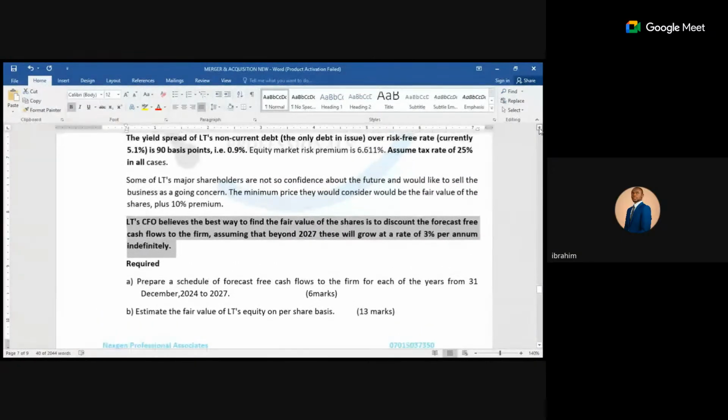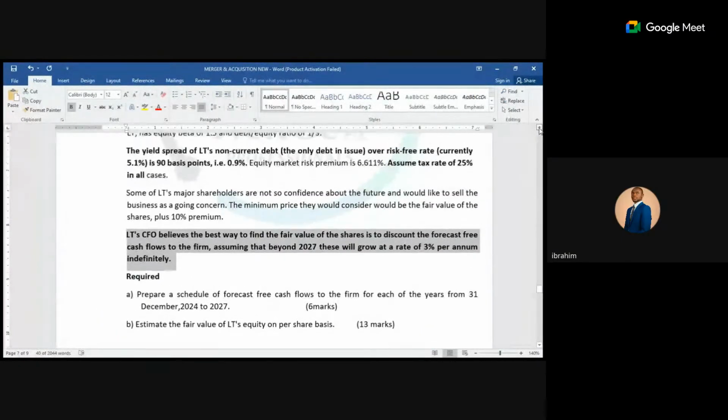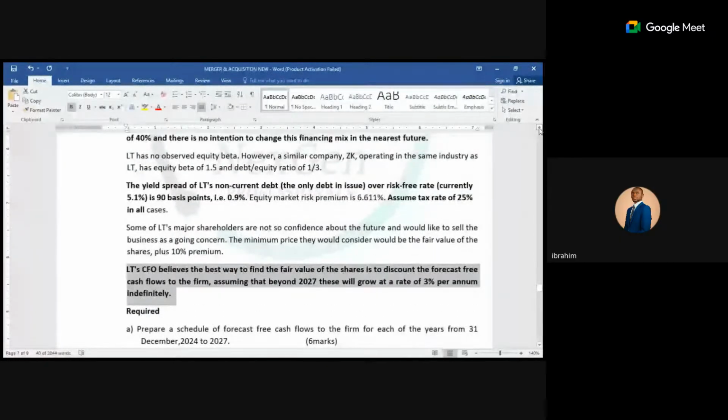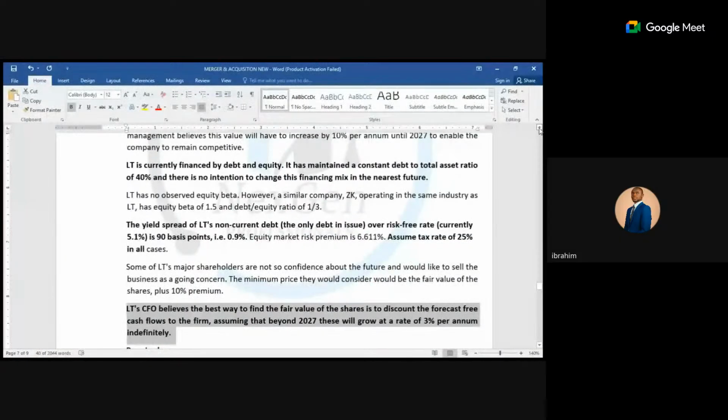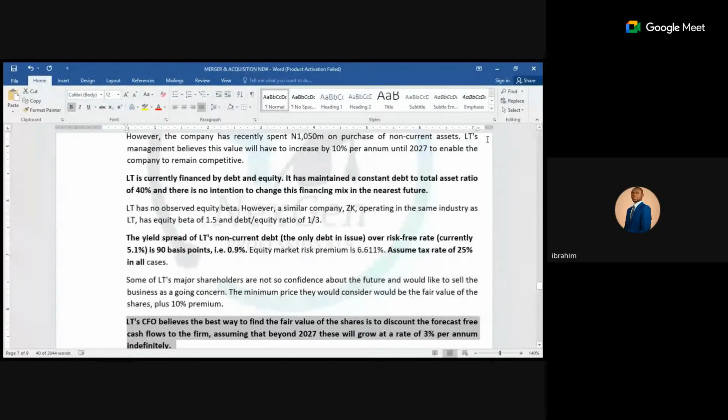But the question now is, how do we determine the WACC? Ideally we were supposed to just look for the WACC of LT. That is what we're supposed to use. I don't mean all information is given to us.